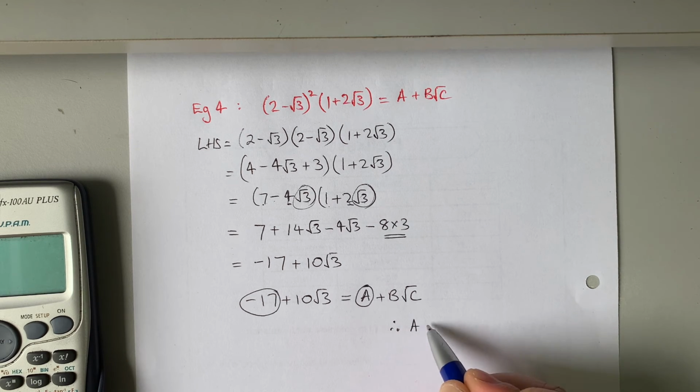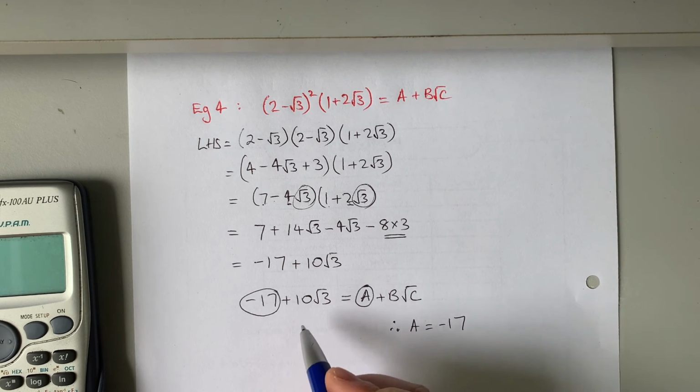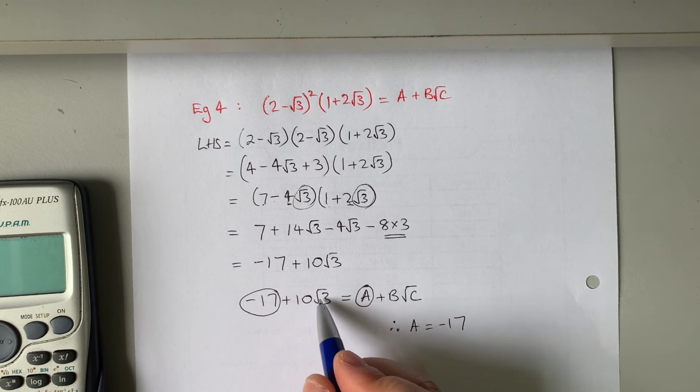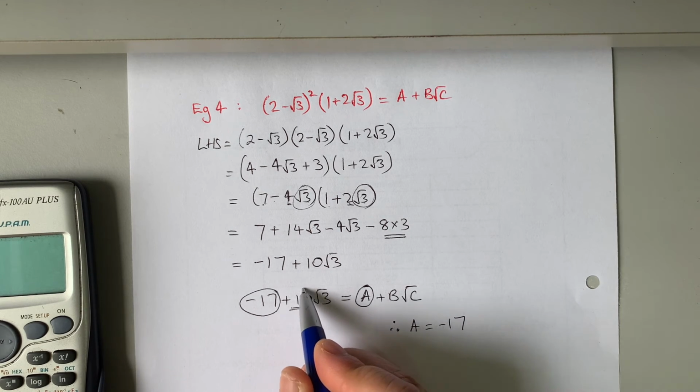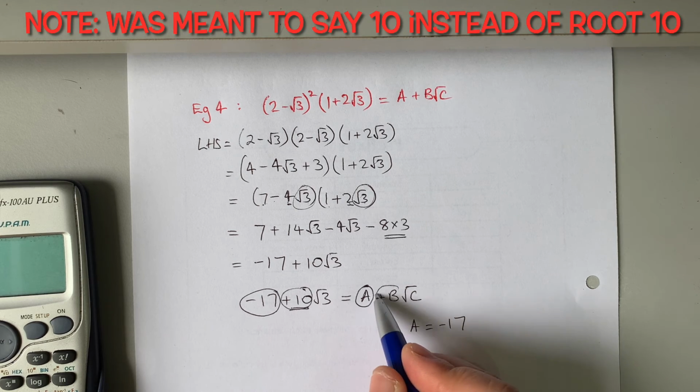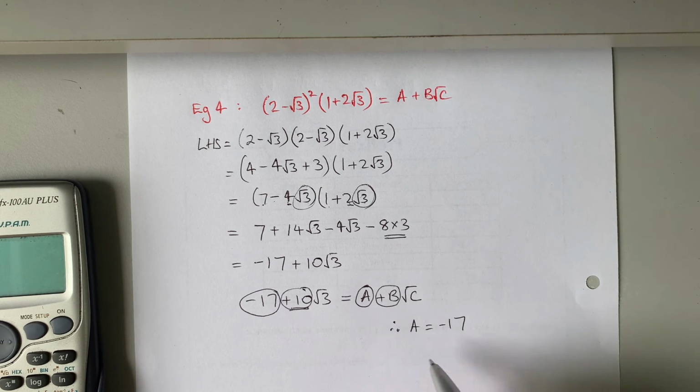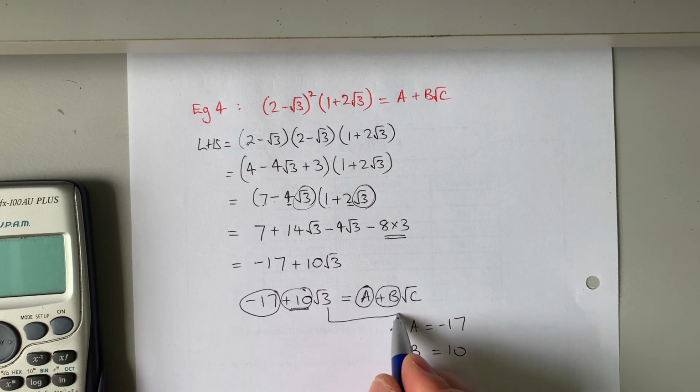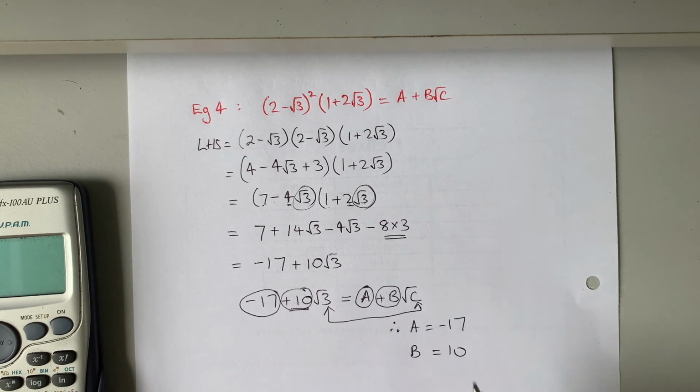Therefore, a is minus 17. Now, the number in front of the surd, that's the plus 10. Plus 10 has to be equal to the plus b. So we say b is equal to 10. And the inside of the surd has to be equal to each other as well. So c would then be equal to 3. Okay. There we go.